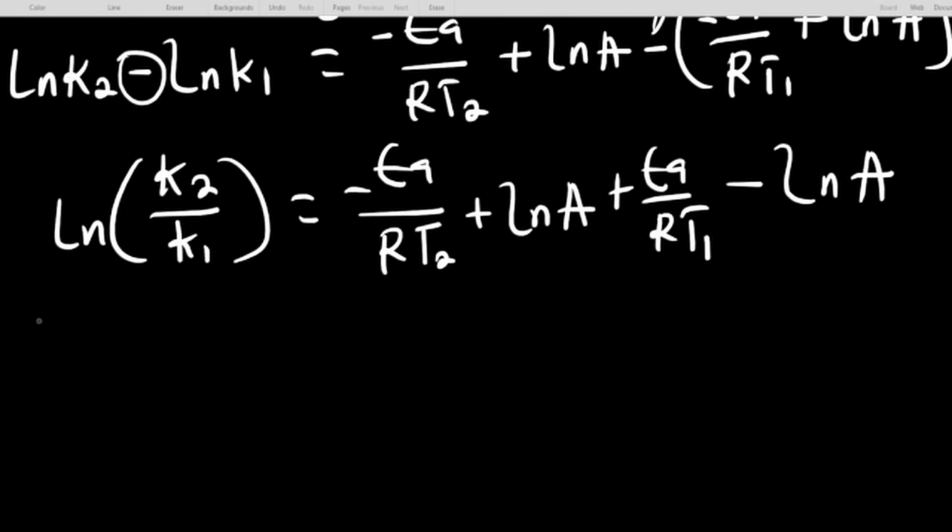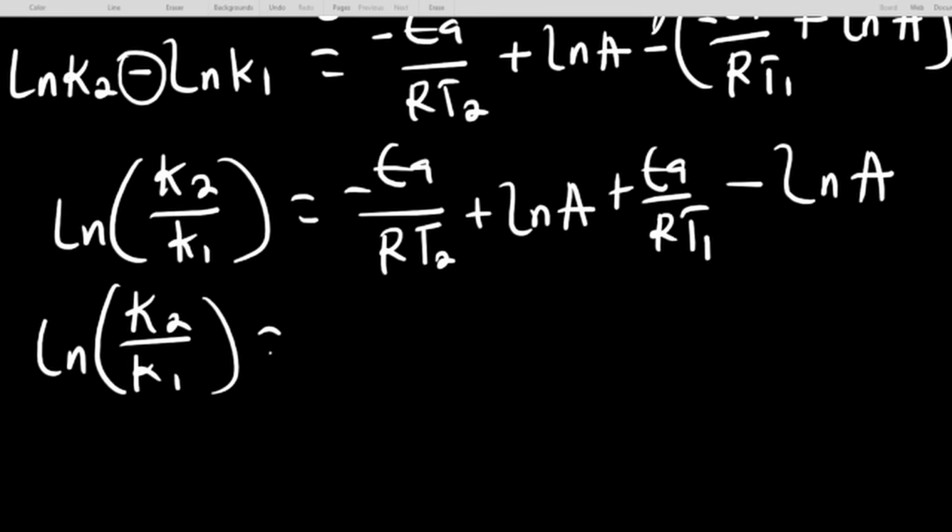We copy down the left hand side and we have the natural logarithm of the two rate constants, K2 over K1 equals, now looking very closely here, we have plus ln A and we have minus ln A. So ln A minus ln A gives us a 0. We can simply cancel these two.